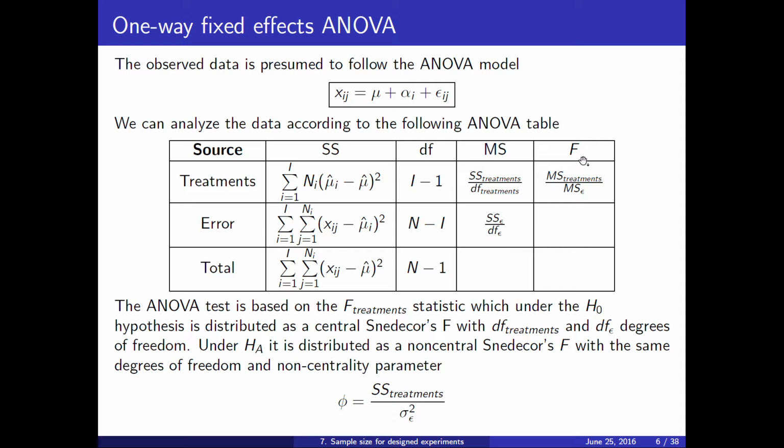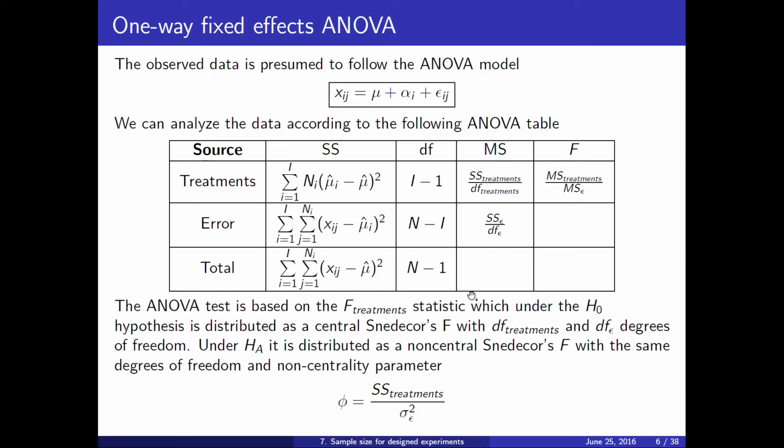So the F is the ratio between the mean squares of the treatments divided by the mean squares of the residuals. If there is no difference between treatments, that is the null hypothesis, then this F of the treatments will be distributed with a central Snedecor F with the degrees of freedom for the treatment and the degrees of freedom for the residuals.